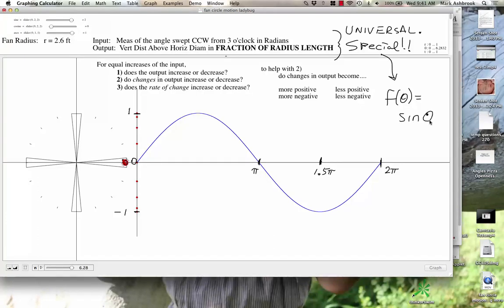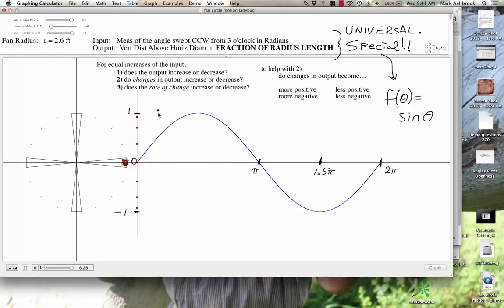But maybe you've never thought of it this way before. That input-output relationship is the sine function. Output of that sine function is vertical distance above the horizontal diameter in fraction of a radius length.